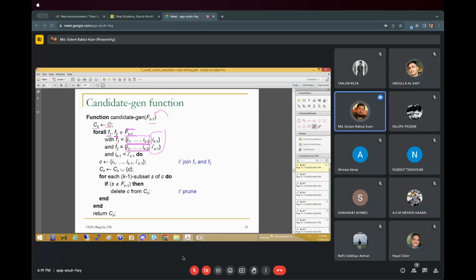And if we can see that I k minus 1 is less than I prime k minus 1, then we have to combine these two sets to prepare the superset. So here is the superset: I1 to I k minus 2, and then we add I k minus 1 and I prime k minus 1.